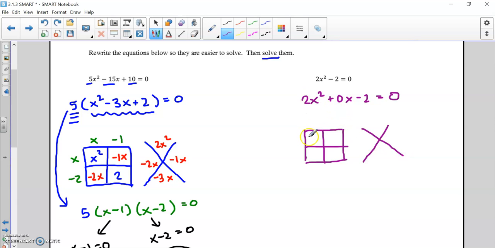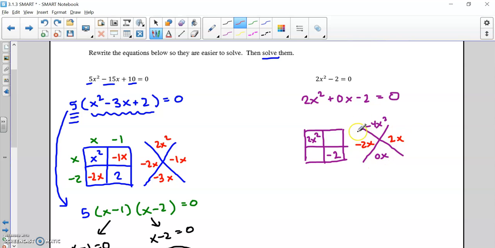So 2x squared in the top left, negative 2 in the bottom right, negative 4x squared in the top from first times third, 0x is going to go in the bottom. Now you got to ask yourself, what two numbers will multiply to make negative 4 and add to make 0? Well, that would be negative 2x and positive 2x, because negative 2 plus 2 is 0.